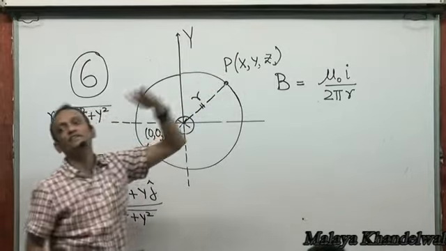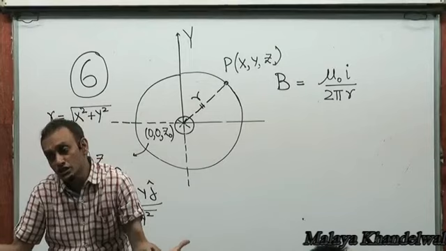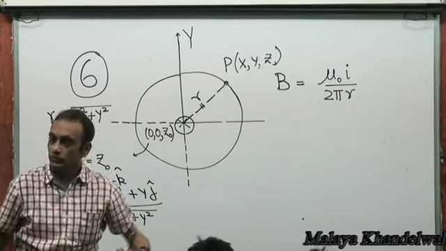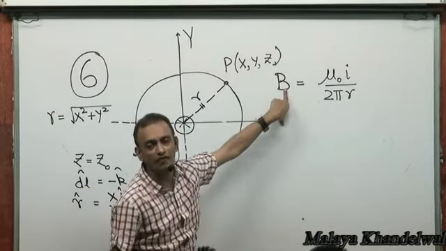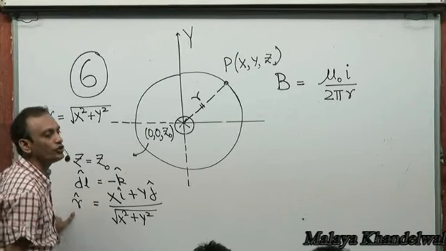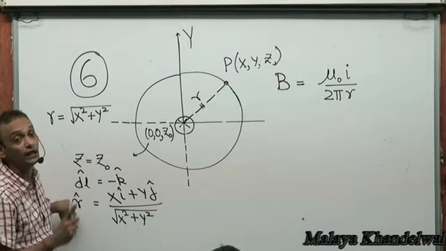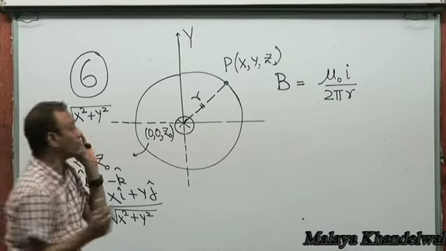R cap is a unit vector taking you to the point where the field is required, right? So if I calculate dl cross r cap, that will give me the direction of B. So a unit vector along dl cross a unit vector along r cap will give me a unit vector along B.